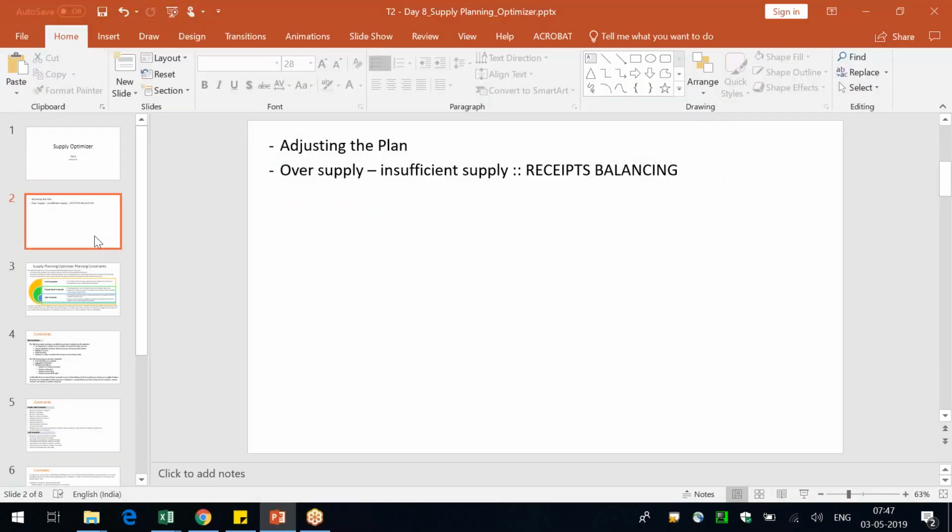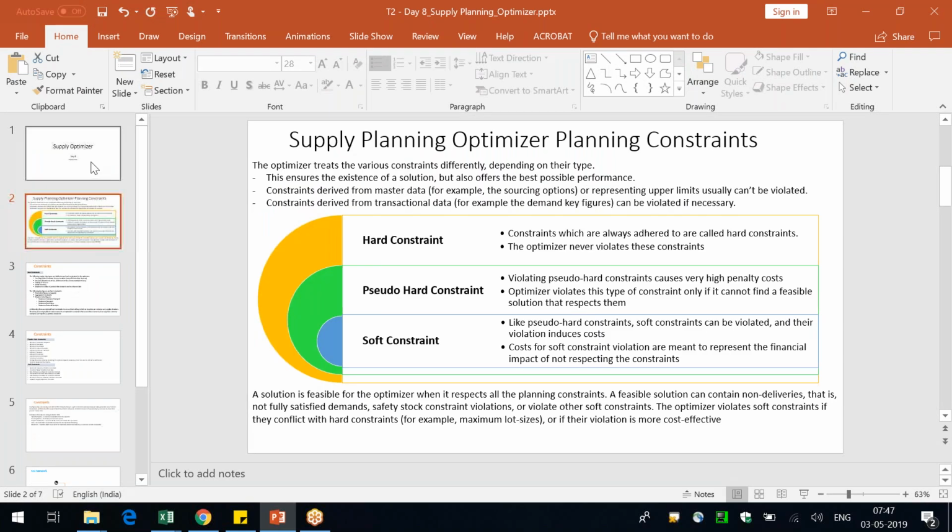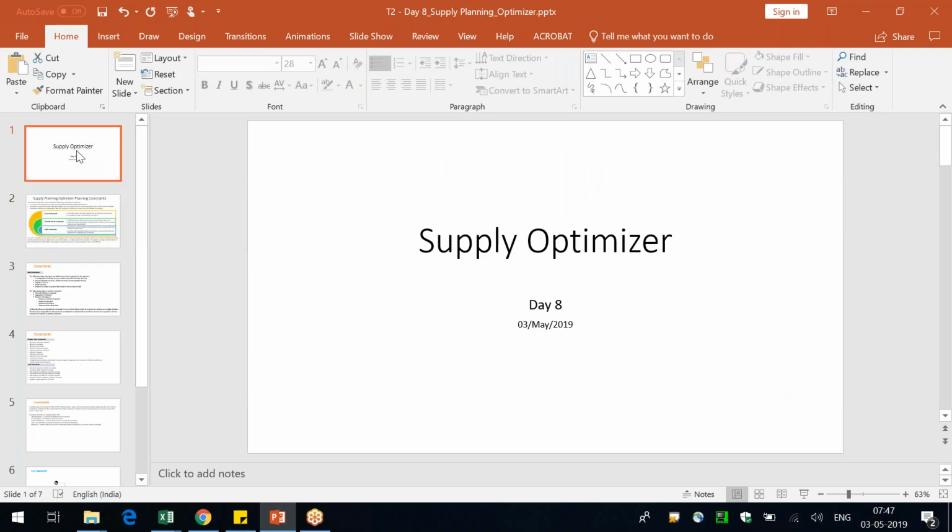So today we'll start with the optimizer, guys. So yeah, optimizer is another algorithm available inside the supply planning module. Optimizer works in a completely different way, depending upon the business requirement.